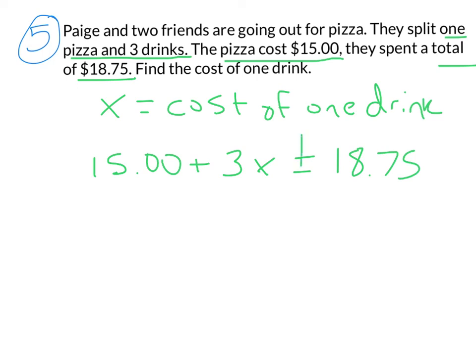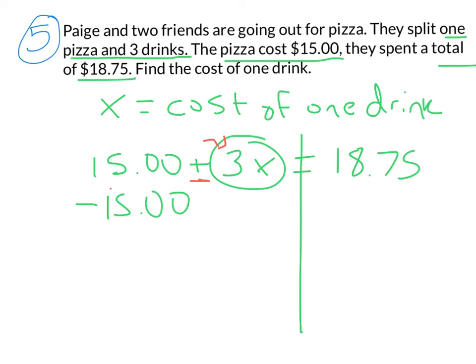Now we just solve it. Once again, here's my variable term. So don't mistake this plus as going with the 15. The plus goes with the 3, okay? So ignore that plus sign. We are going to subtract 15 because in front of the 15, there's no sign, which means it is positive.